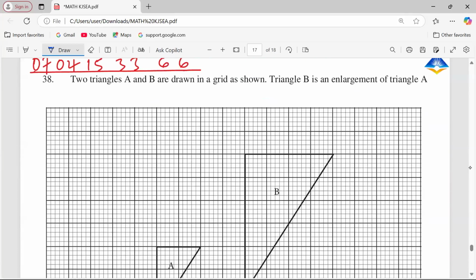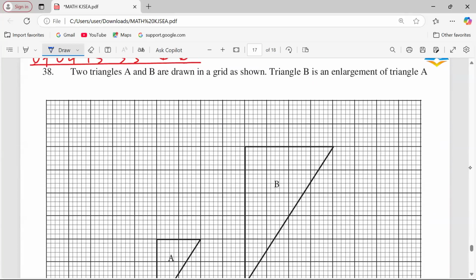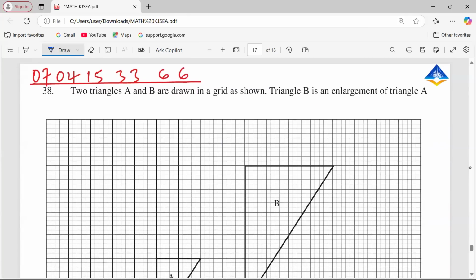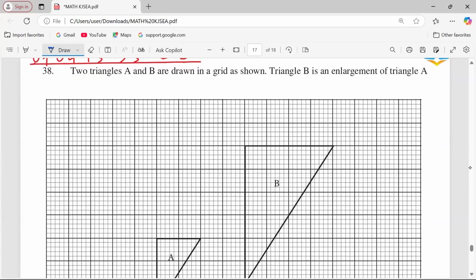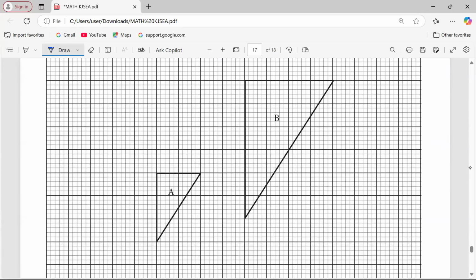Wow, number 38. Two triangles, A and B, are drawn in a grid as shown. Triangle B is an enlargement of triangle A, just as you can see.